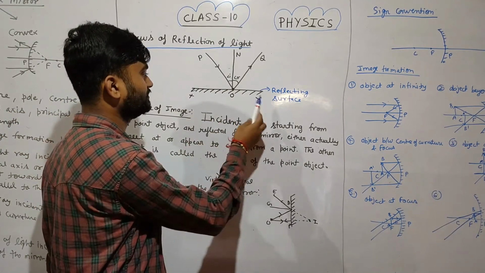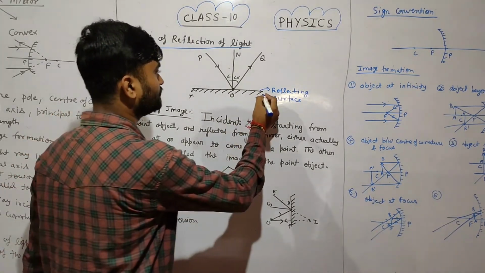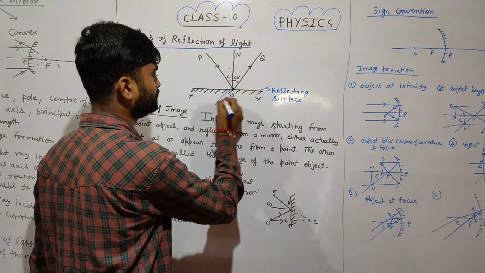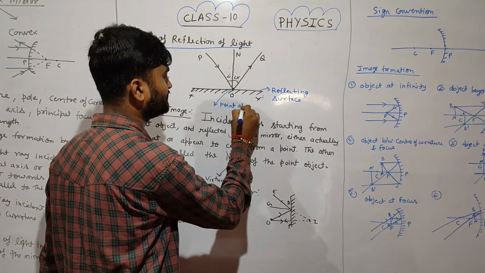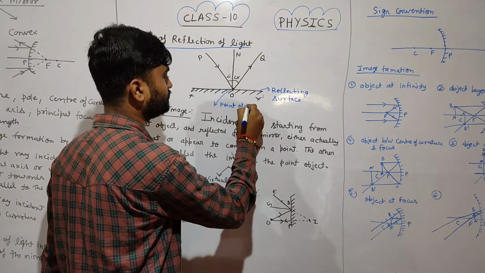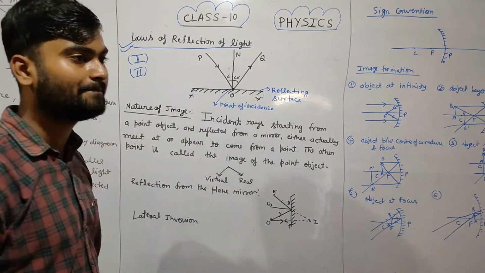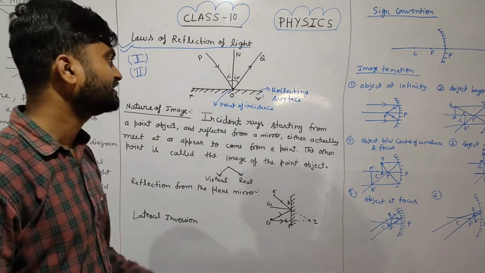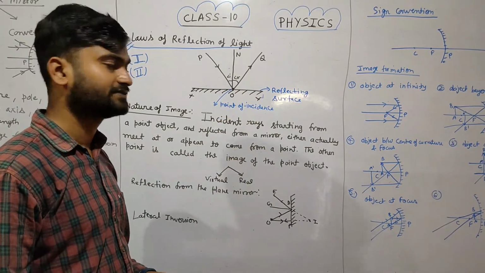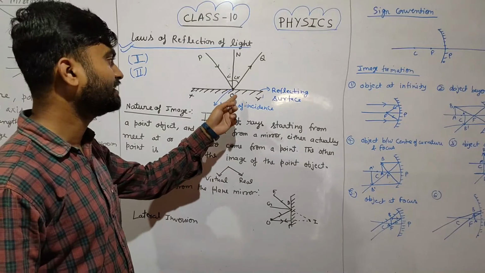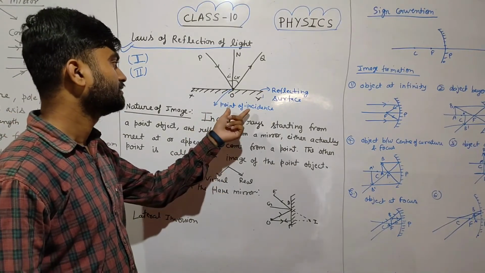So there is a reflecting surface X dash. Now what is this point? Point O. It is called the point of incidence, आपतन बिंदु in Hindi. How will we define the point of incidence?